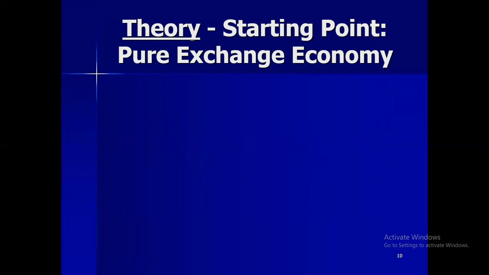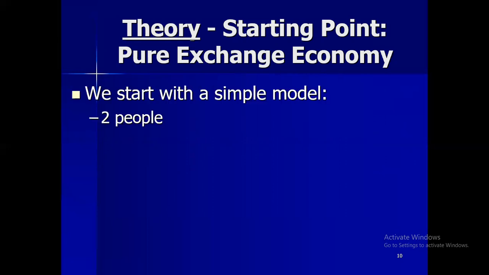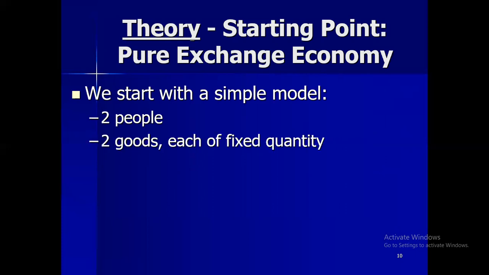Starting point, a pure economy. We begin by considering a very simple economy, with only two people who consume two commodities with fixed supply. The only economic problem here is to allocate the two goods between the two people, right?